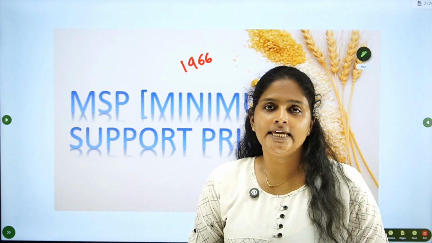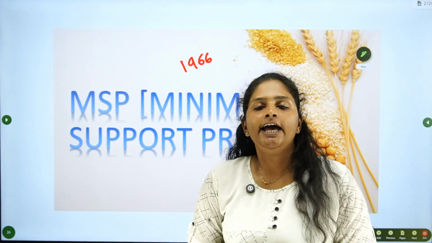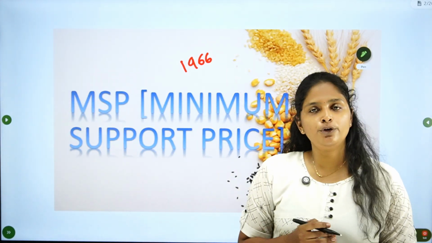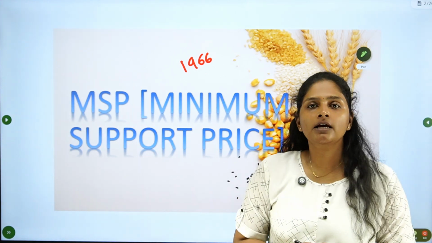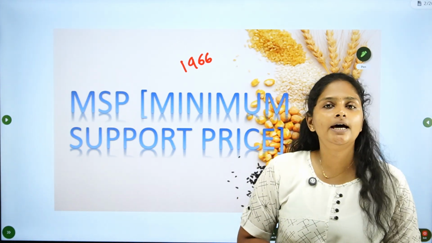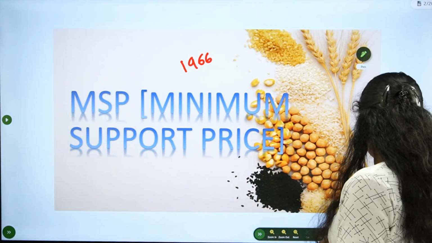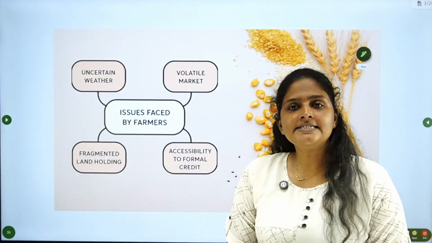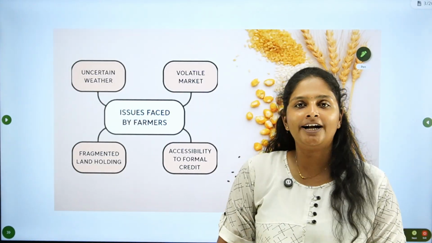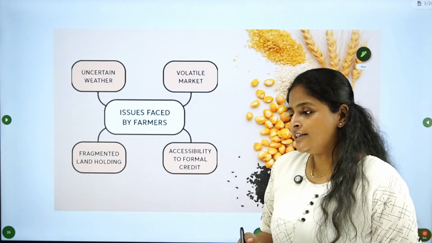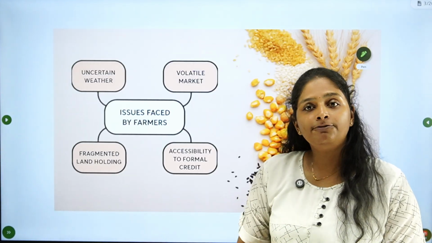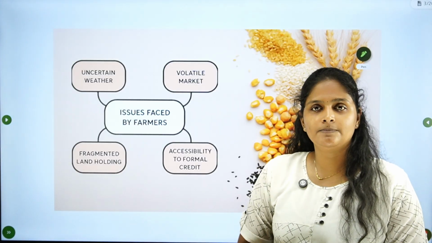Before going into the scheme, as I said earlier, if there is a scheme, there should be some underlying problems, right? So first let's analyze what are the underlying problems in Indian agriculture. First and foremost issue is funds, right? The farmers lack formal credit mechanisms.